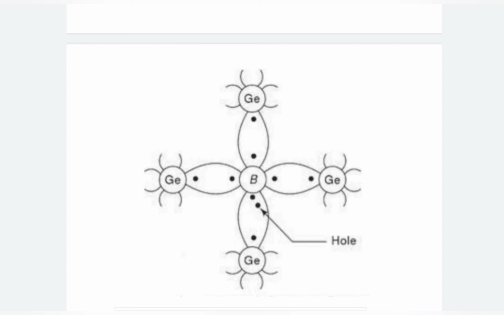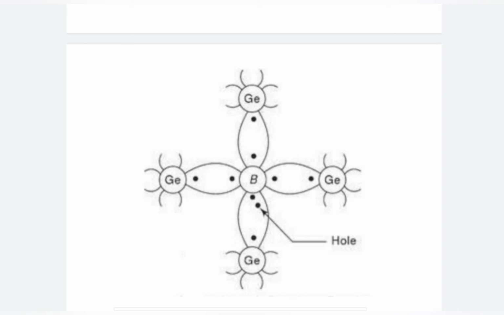For bonding that, we want another electron. As there is no electron, we assume it as a hole. So this is called an acceptor impurity. That is, it is ready to accept an electron for bonding with the fourth valence electron of the pure semiconductor, here germanium. This type of extrinsic semiconductor is called P-type semiconductor.